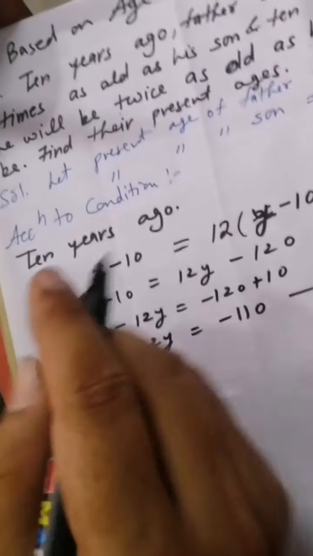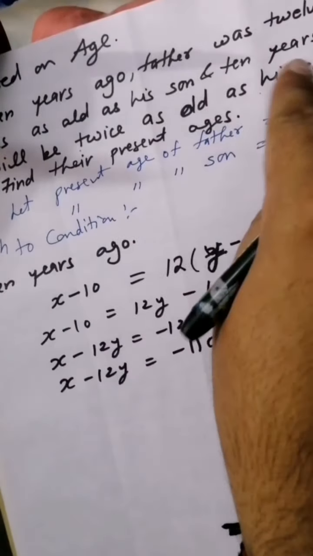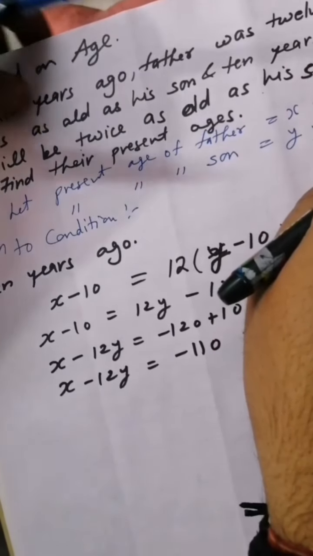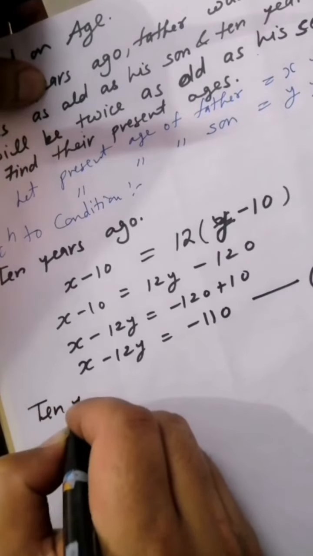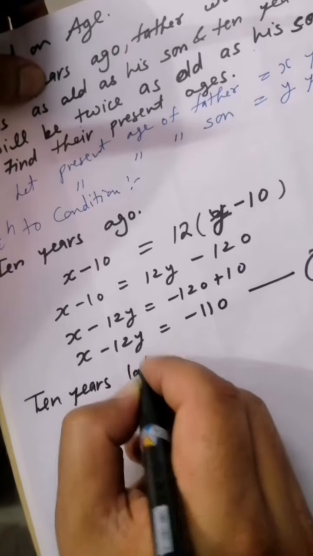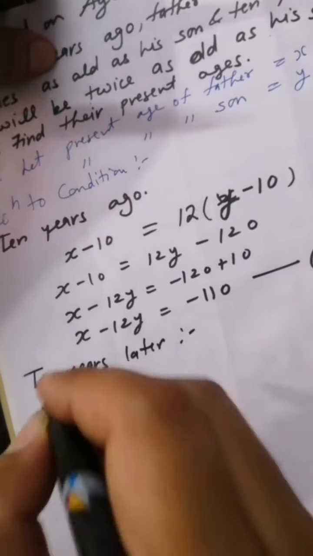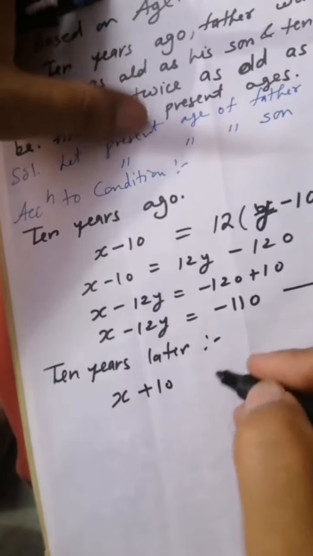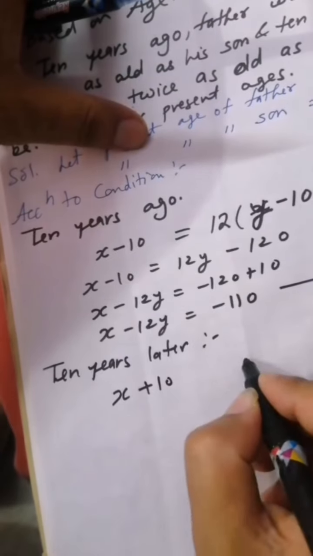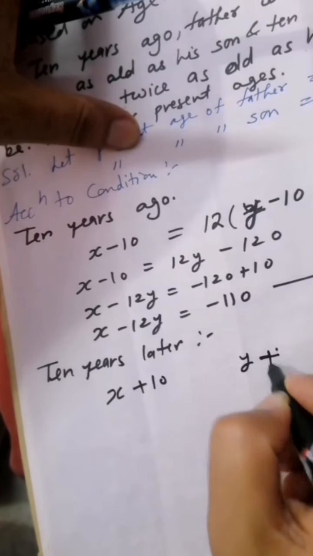Now the second condition: 10 years hence, it means 10 years later. Ten years later, father's age will be x plus 10, because after 10 years it will be x plus 10. Similarly y plus 10.